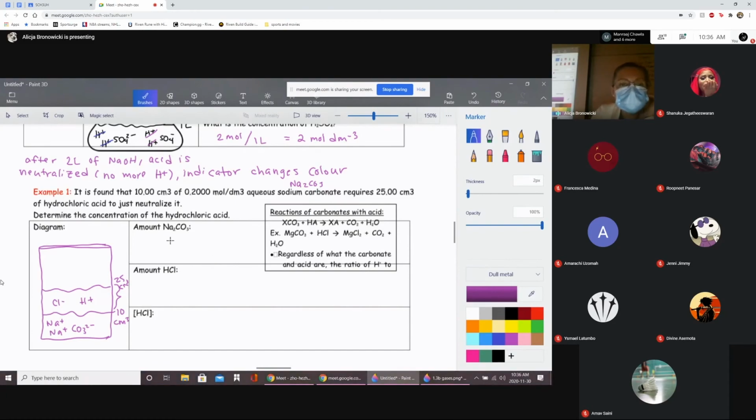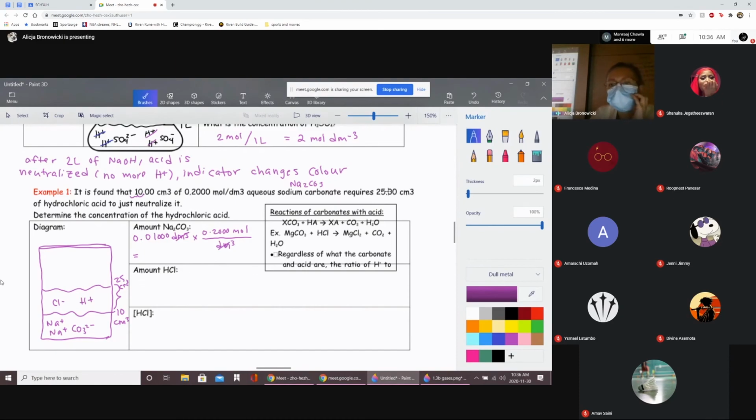Okay, so amount of Na2CO3: 0.01000 liters times 0.223 mole per liter equals, you know what?